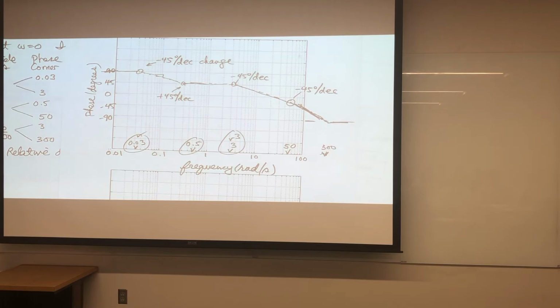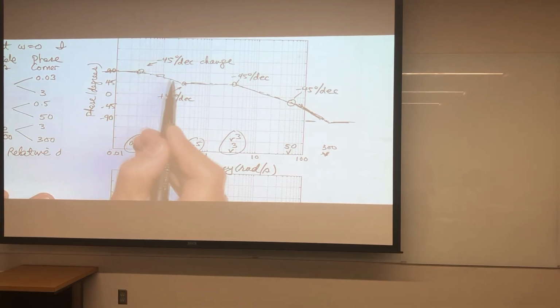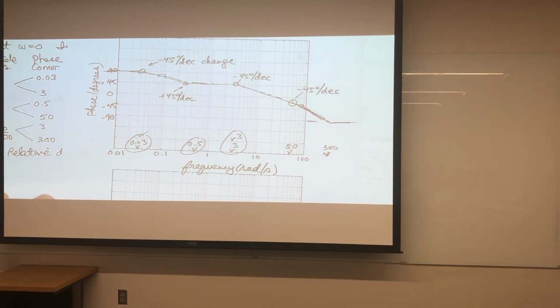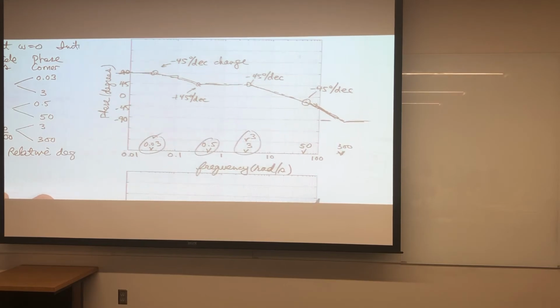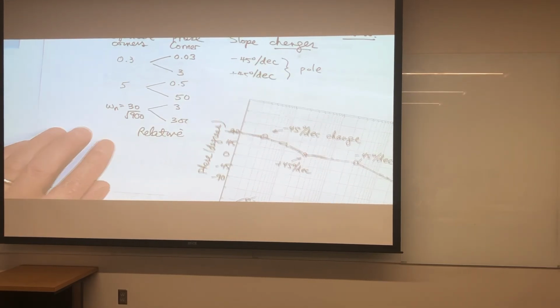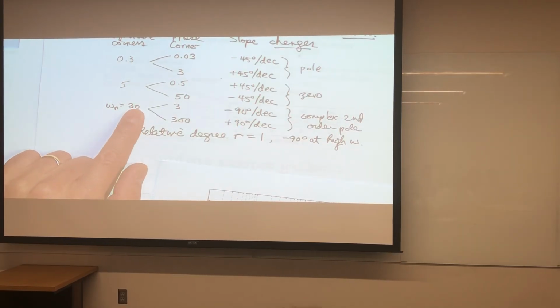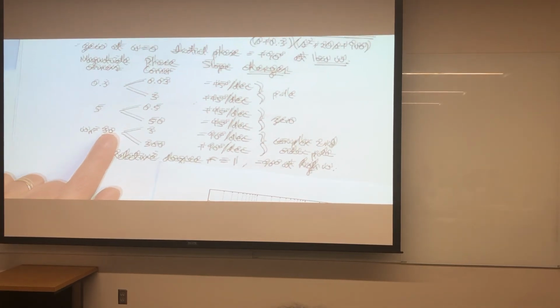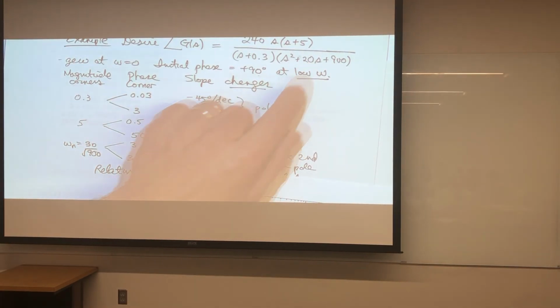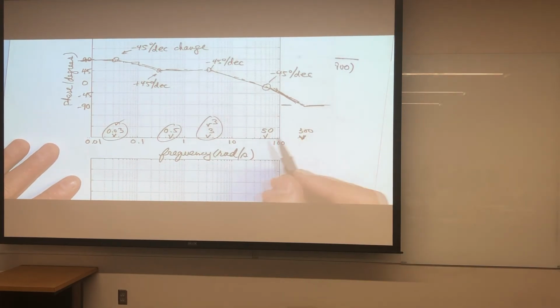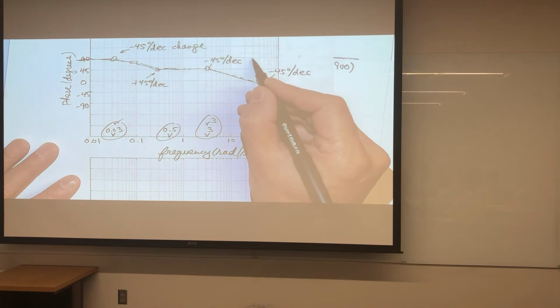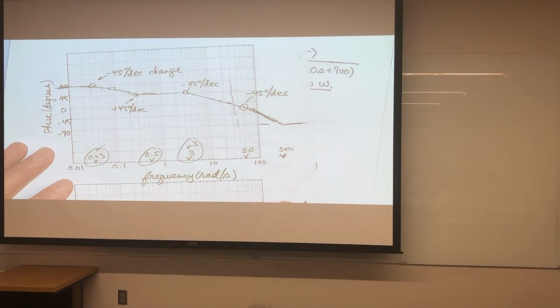This is the straight line approximation. The actual curves are going to have some errors around the corners. Except in this case, we have a complex term, omega n 30. The damping is small. So around 30, which is right here, the slope is going to change drastically.